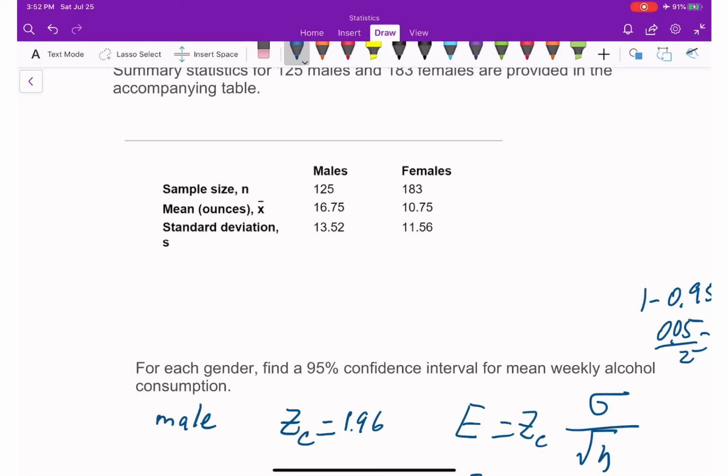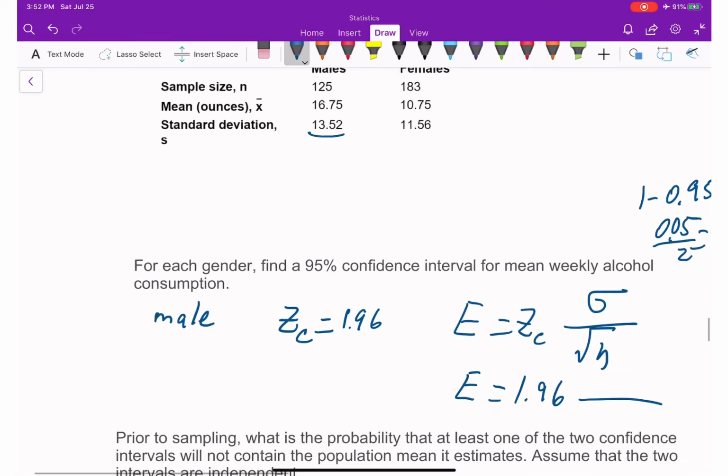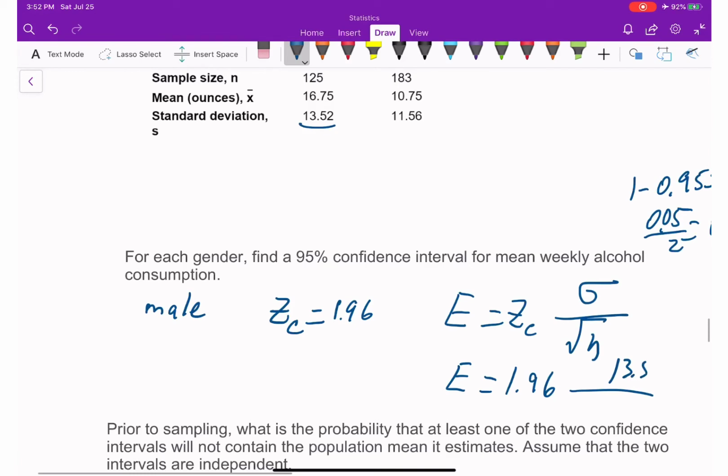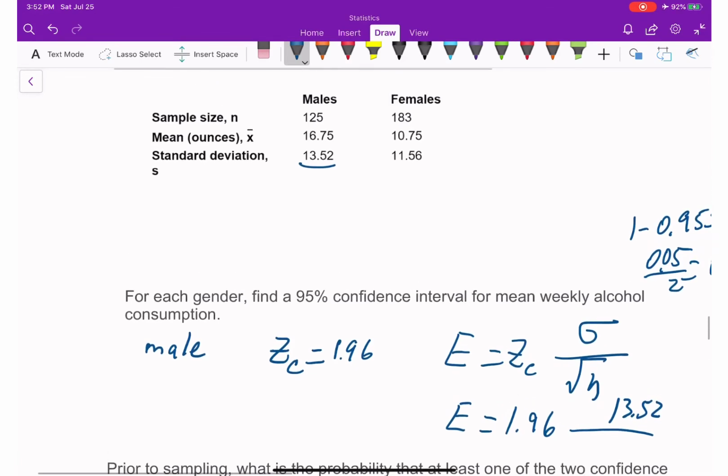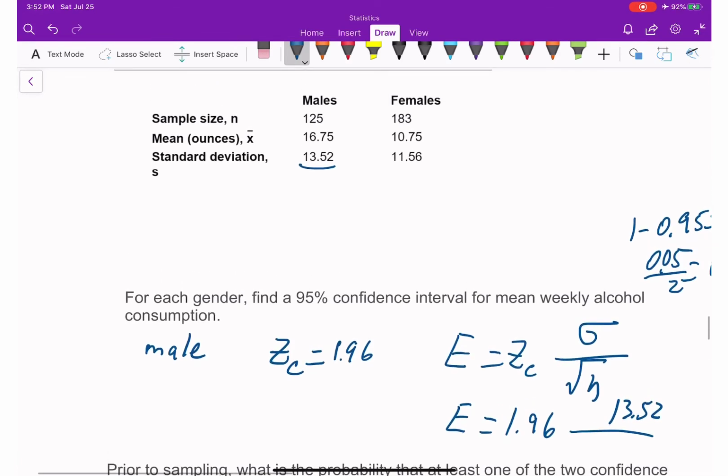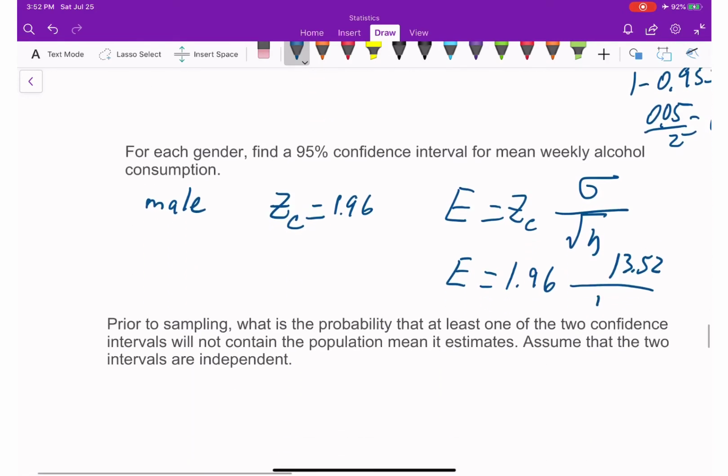For male, 13.52, and divide by square root of 125, the sample size.